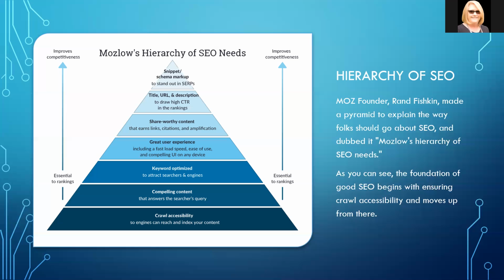So it's basically looking for crawl accessibility. They want your website to be crawlable so that search engines can index your content. They want compelling content. Are you answering the bulk of keywords that are relevant to your industry? Keyword optimization.